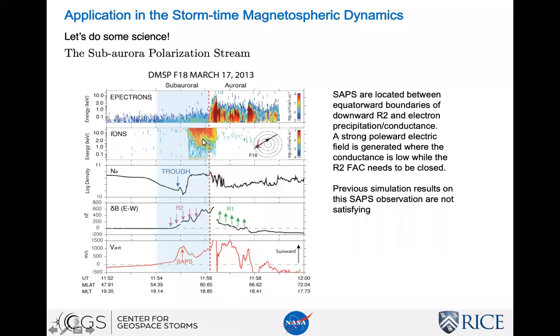A strong E cross B drift is due to a strong poleward electric field at the conductance trough. Well, the region 2 FAC needs to be closed.